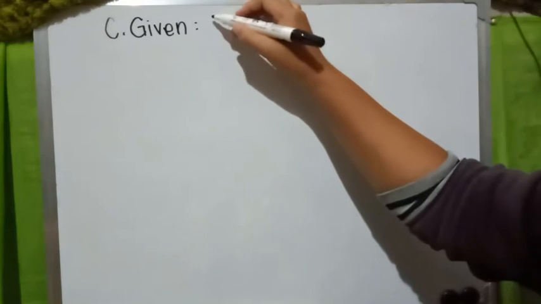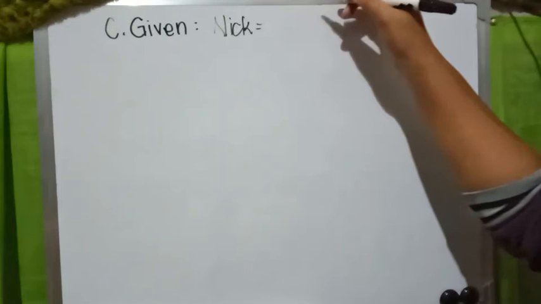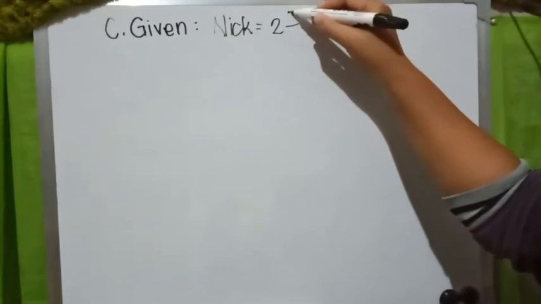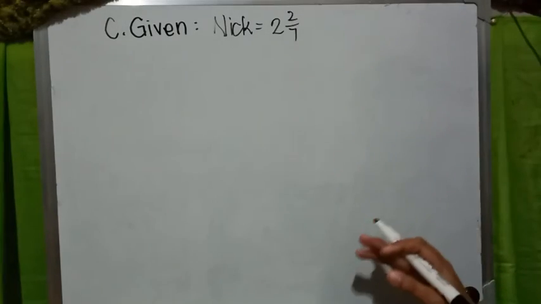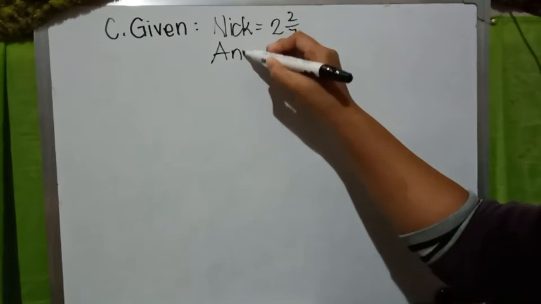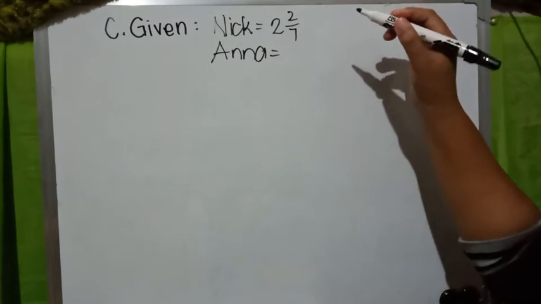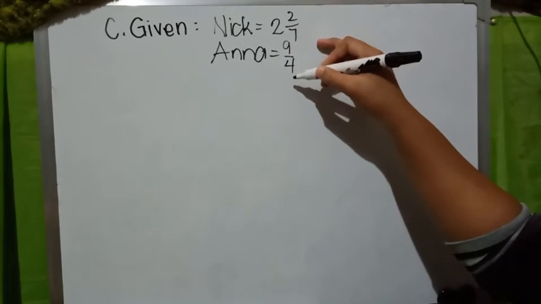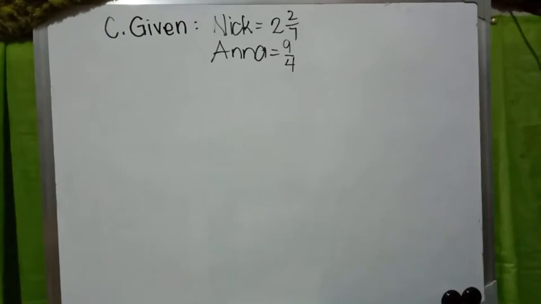So, the first given number there is Nick. Okay, Nick has 2 and 2/7 minutes of running around in a park, while Anna has 9/4 minutes running around the same park.